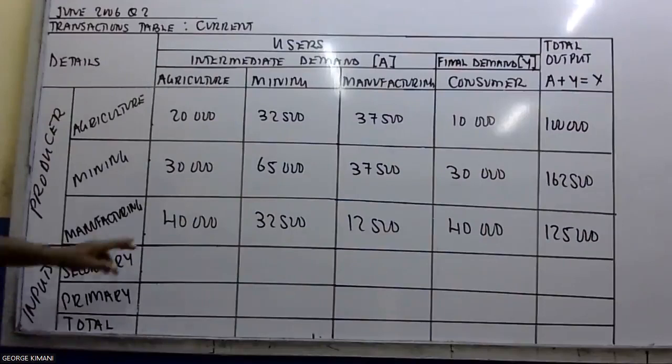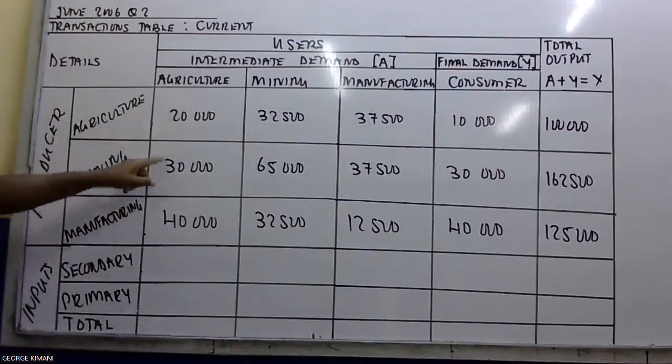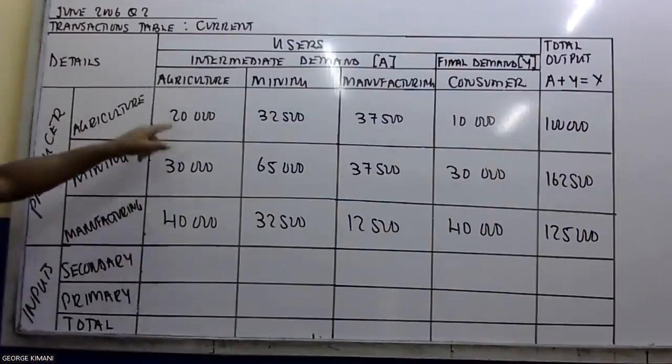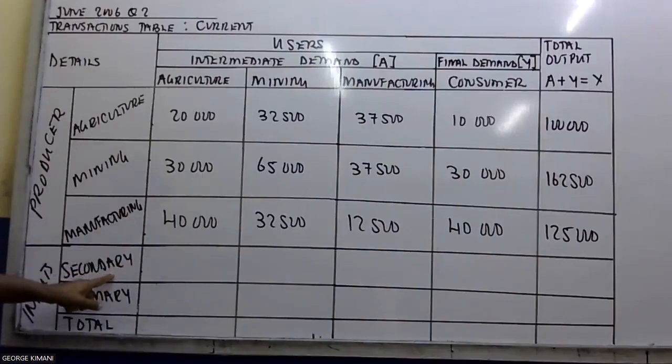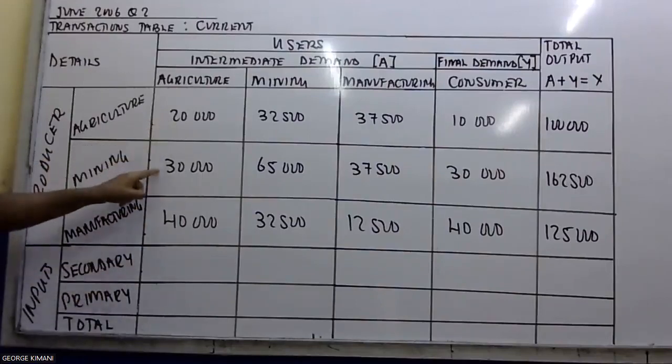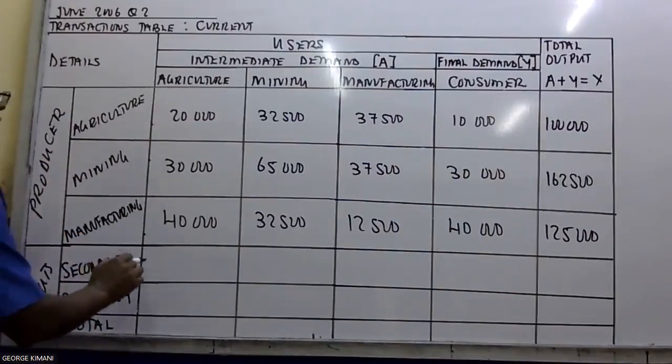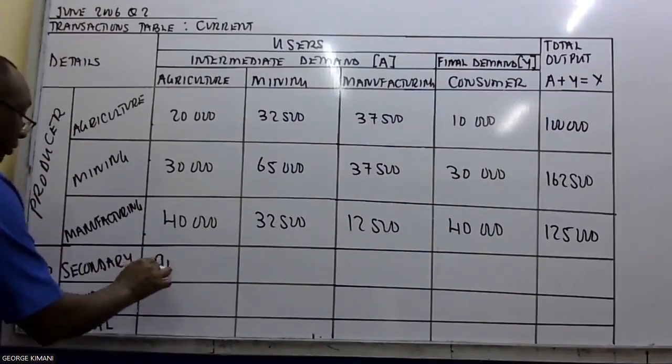Now, I have said when you go column-wise, these are inputs. So when you add these three, they give us secondary. So give me this plus this plus this. This? 90,000, eh?